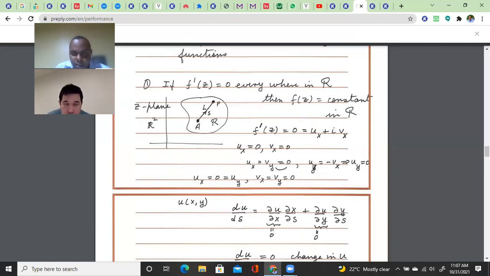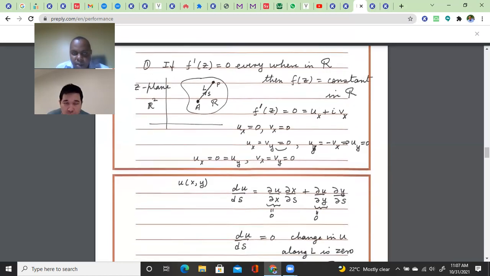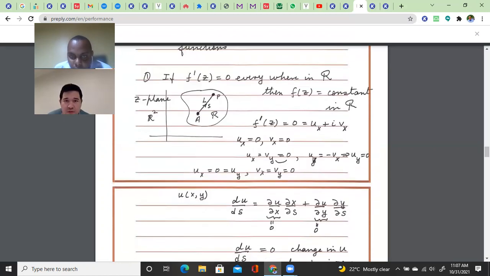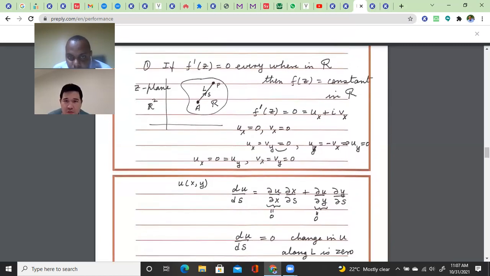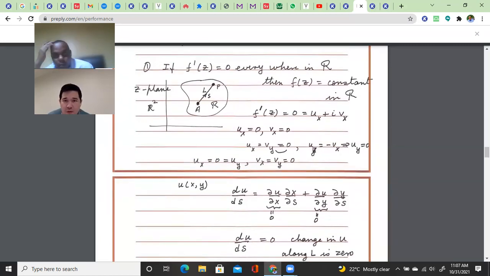Here ux equals 0, vx equals 0, uy equals minus vx, so uy equals 0.